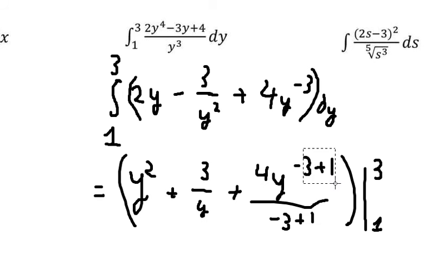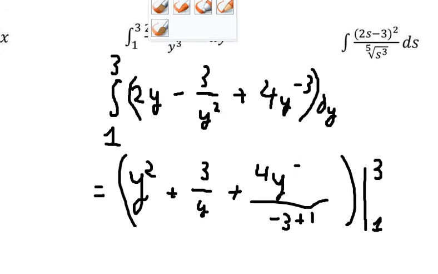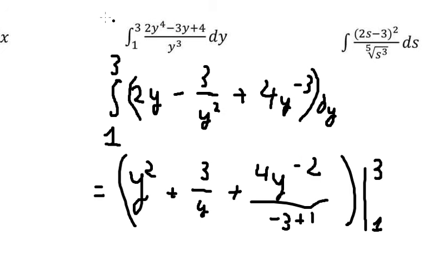This one you got about negative number 2. Divide negative number 2, you got about negative number 2.